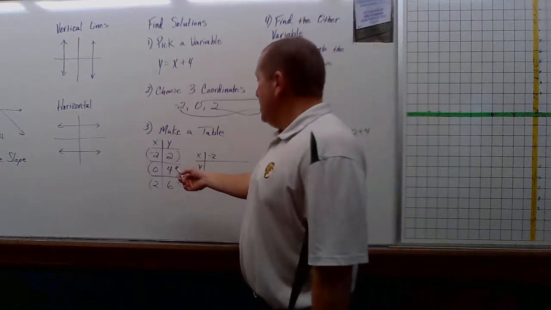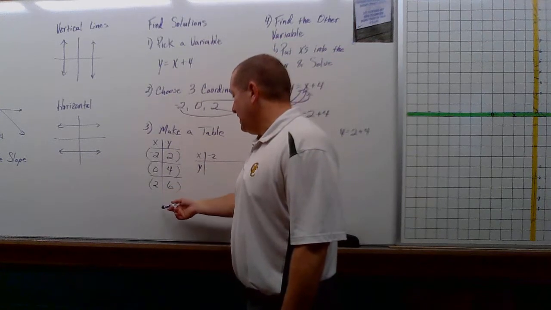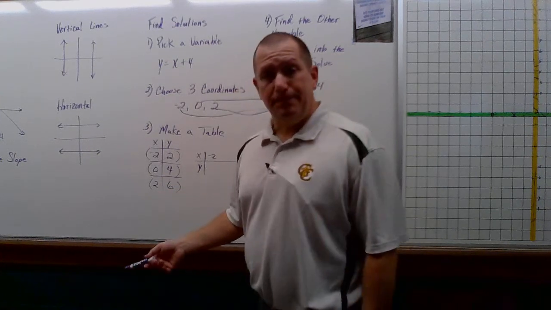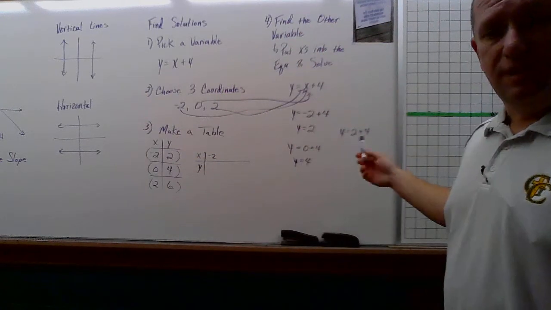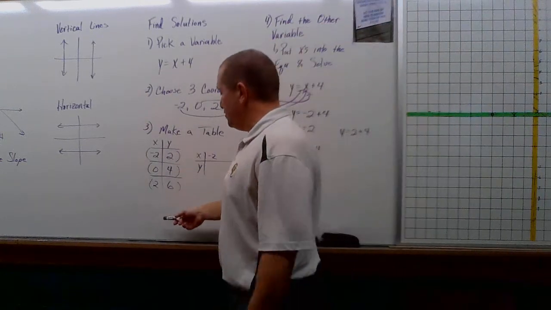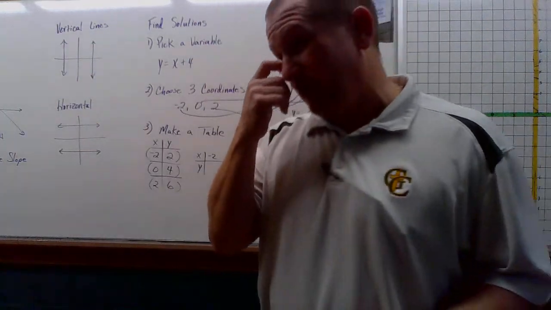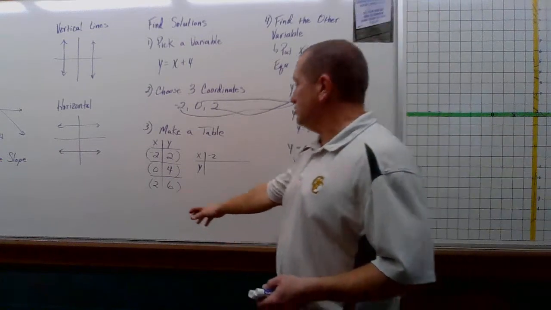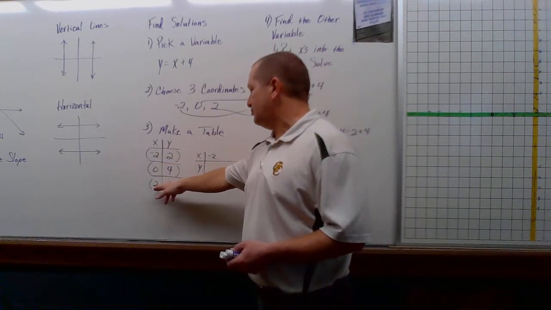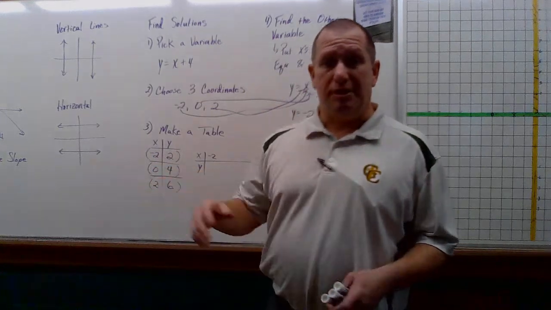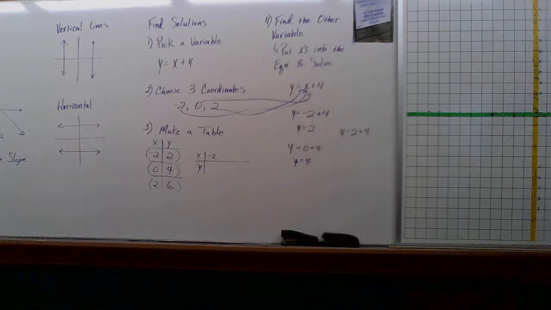And remember, all of us could pick different numbers here in my x, and we would get our answers for our y, but when we would connect all of the dots on our coordinate plane, all of those ordered pairs would be on the line that we would make when we connected all of our dots. So it doesn't matter which ones you use. Like I said, I always use -2, 0, 2 because I like a negative, a positive, and I like 0. But again, you can use whatever you want. Okay?